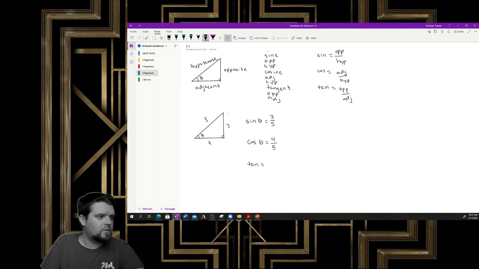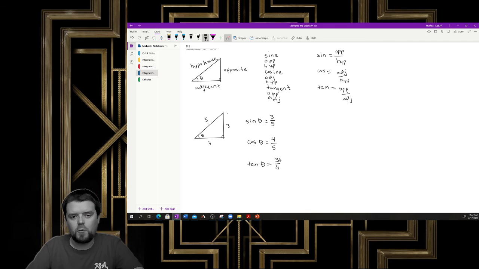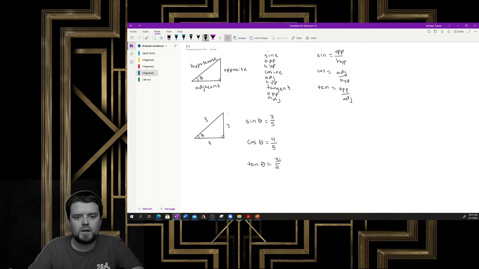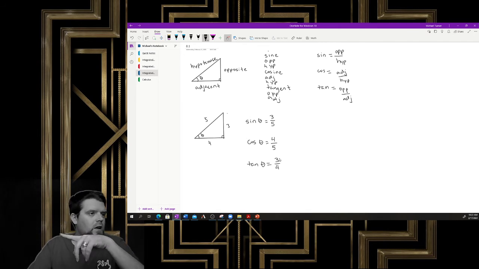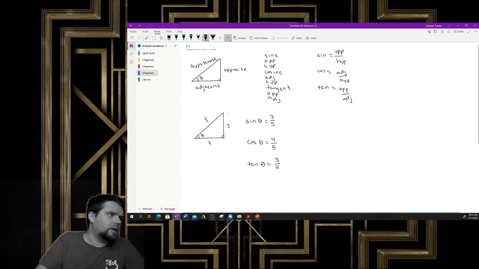And tangent is defined as opposite over adjacent. So opposite is 3, adjacent is 4. My answer is 3 over 4. That's it. Now there's one caveat here, and again, the triangle can change orientation.